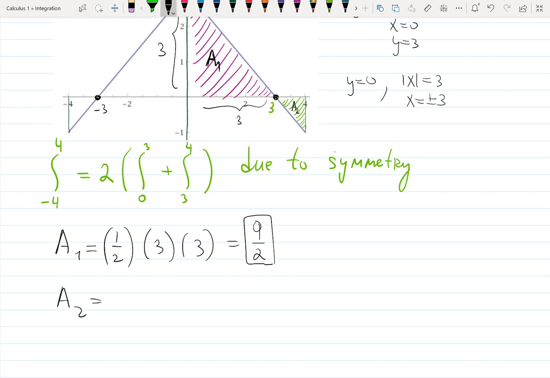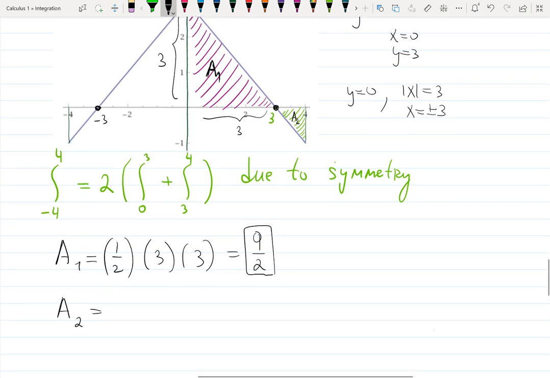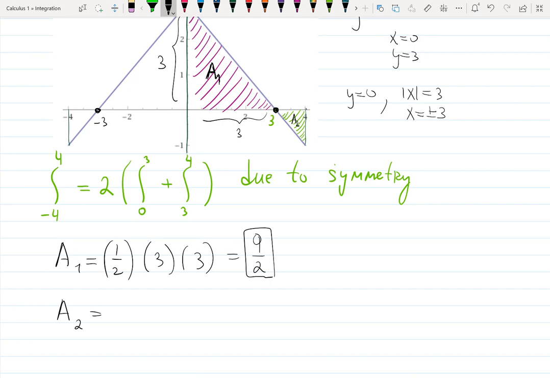A2 will be negative because it's below x-axis. I will find the positive value of it and then I will subtract it. So I know that this number is 3 and this number over here is 4. So this length or the base will be 4 minus 3, which is 1. Now I need to find how far below x-axis this function goes.